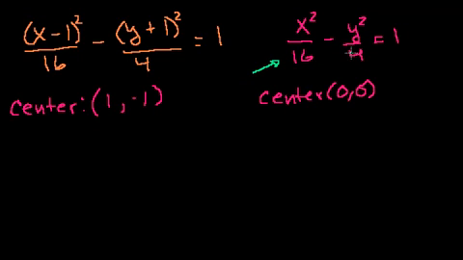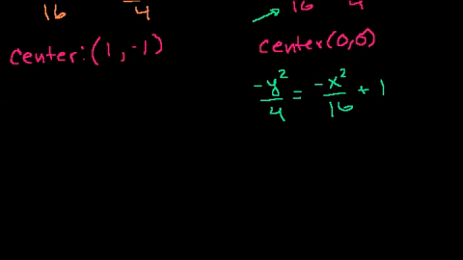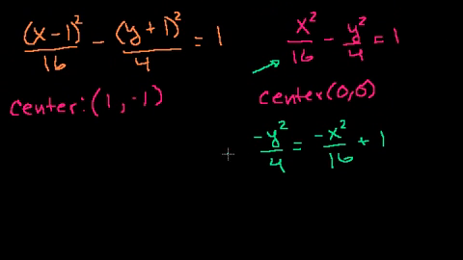That's what I always like to do whenever I'm graphing a hyperbola. So we get minus y squared over 4, subtracting x squared over 16 from both sides, equals minus x squared over 16 plus 1. I'm working on this hyperbola right here, not this one, and I'm just going to shift it later.